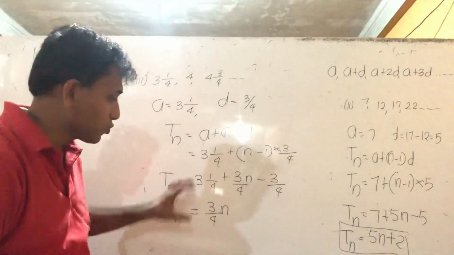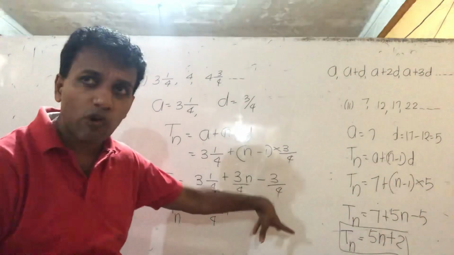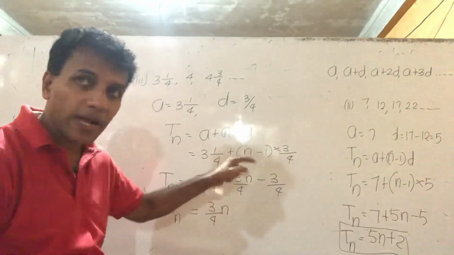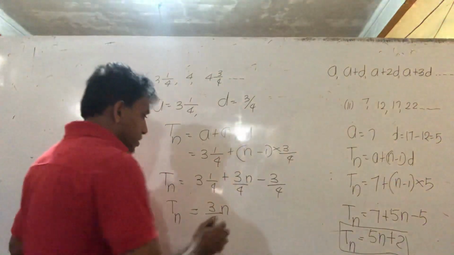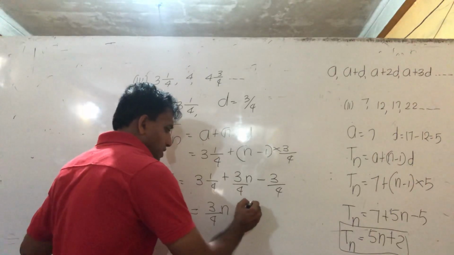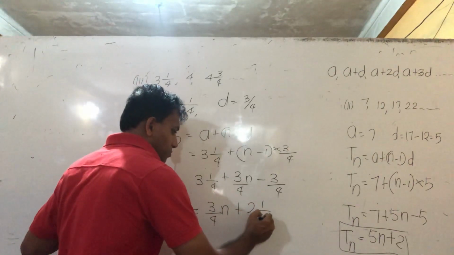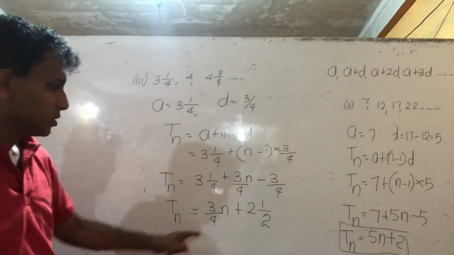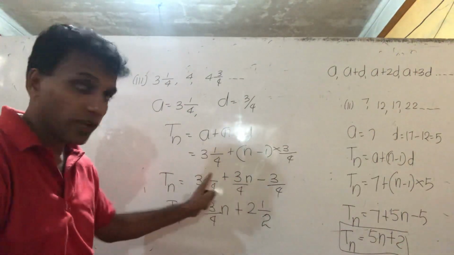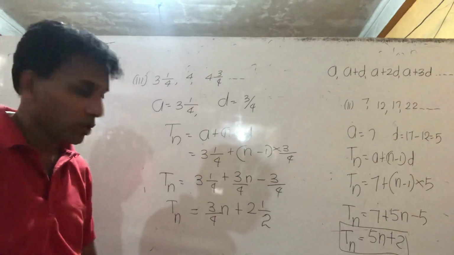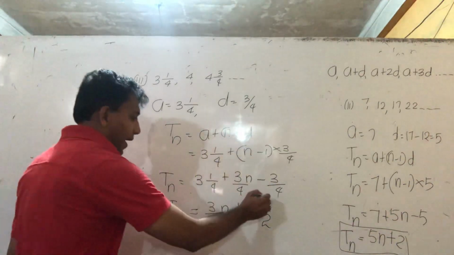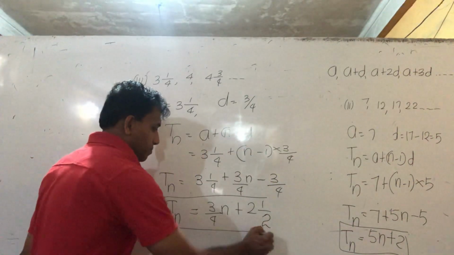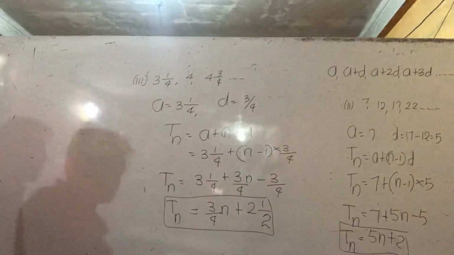Next, subtract 3/4 minus 3/4. What is 3/4 minus 3/4? That is plus 2.5. So that's the answer. Nth term formula.